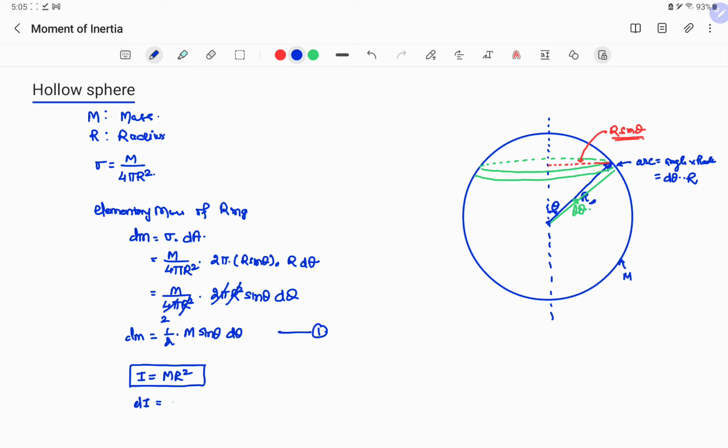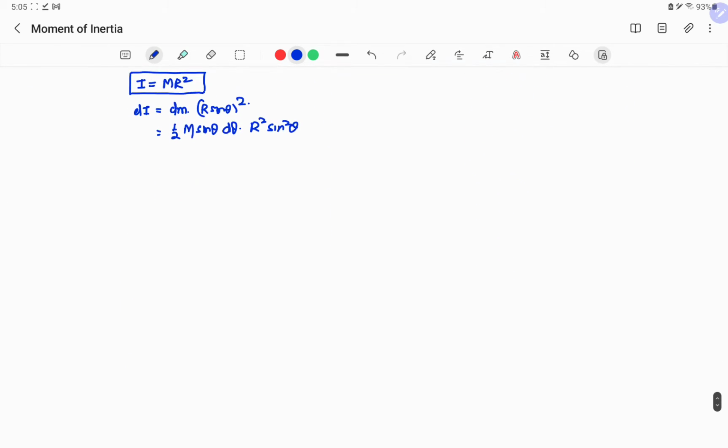This will be equal to elementary mass dm, and its radius is r sine theta, so it is (r sine theta) whole square. Now substituting the value, dm is 1 by 2 m sine theta d theta, and this is r square sine square theta. So it is equal to 1 by 2 m r square sine cube theta d theta.